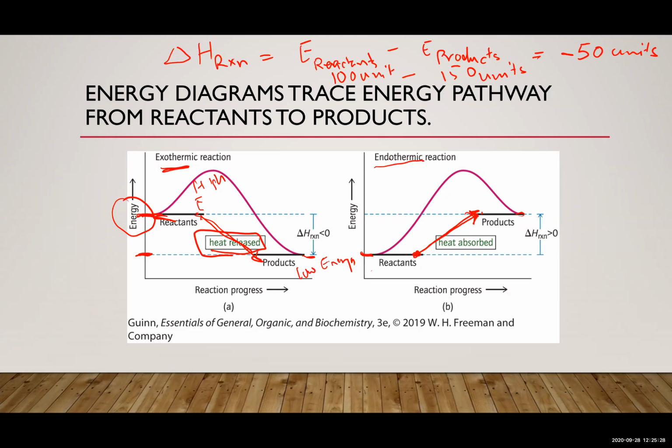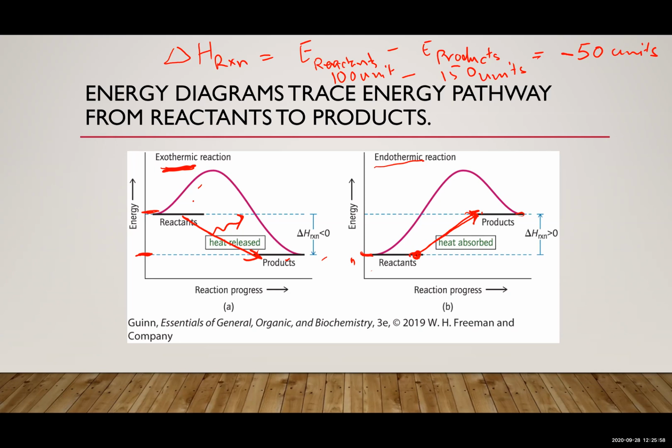I'll explain what those hills mean in a while. Ignore those hills for now. Just remember the position of your reactant and the position of your product. If your reactants are high and products are low, the heat energy is released, so the reaction is exothermic.